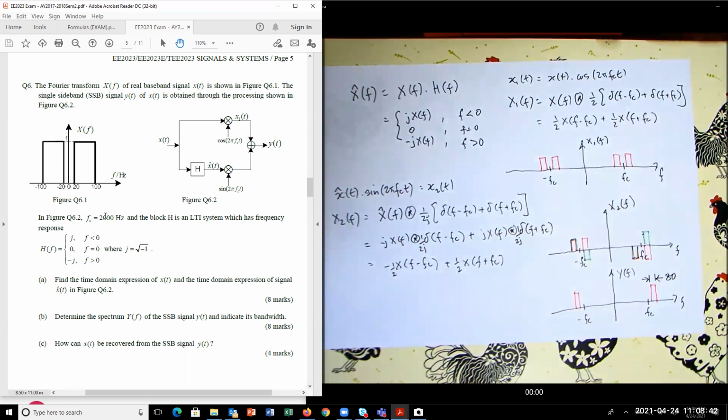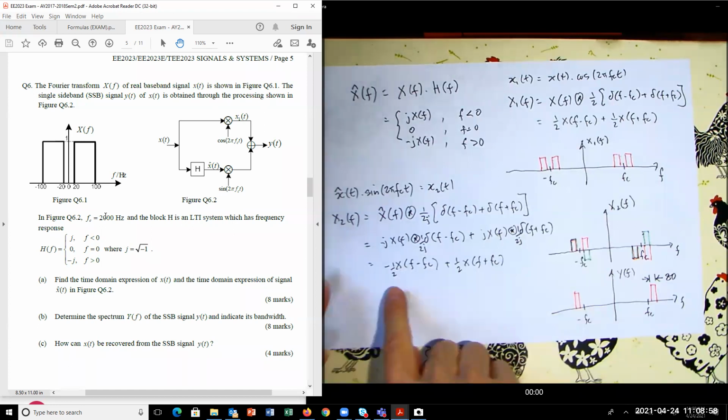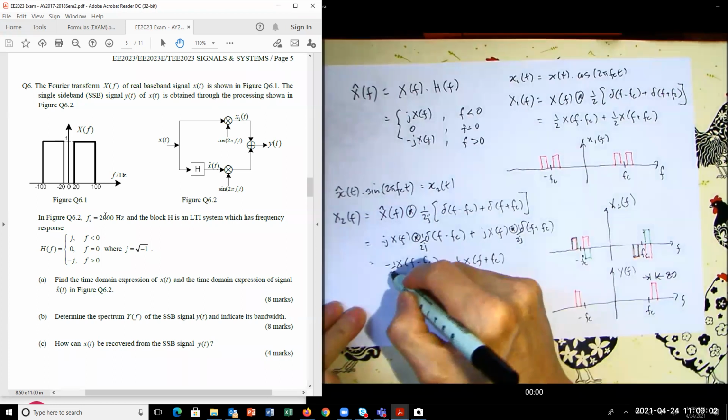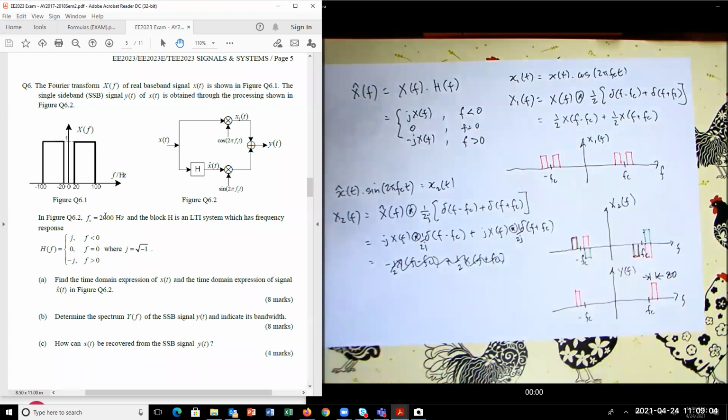You flip the inner one in this case, because of your minus J. It's not very obvious when you do this. So this expression is not completely correct.